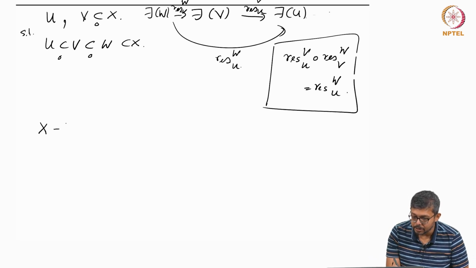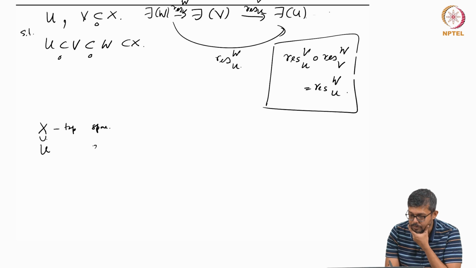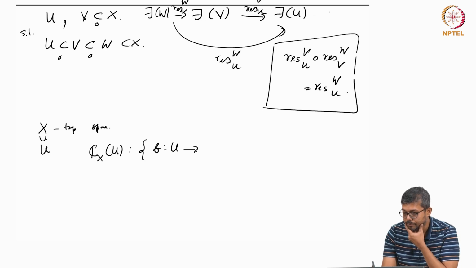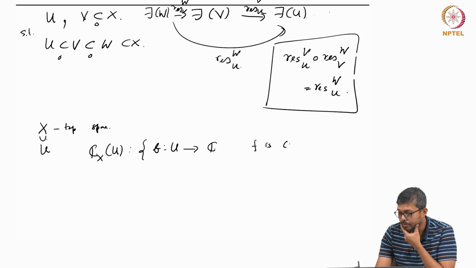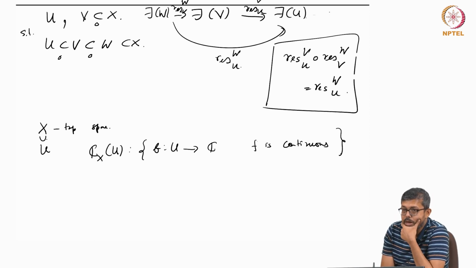You take X any topological space and you take any open subset U. Define the sheaf, say C_X(U), of all continuous functions f from U to C, where C is a topological space in the analytic topology.